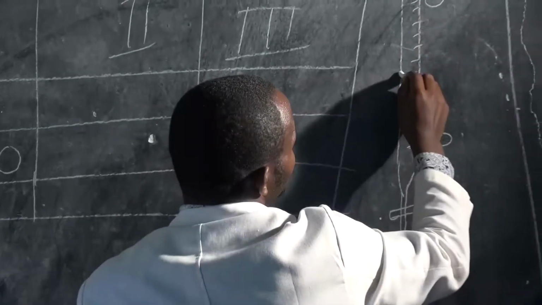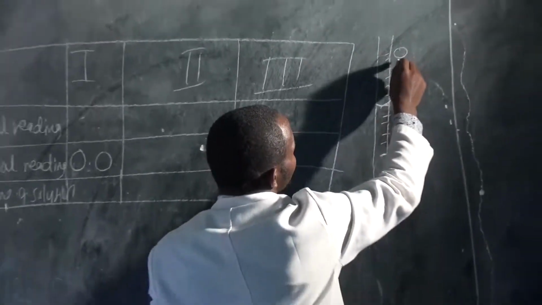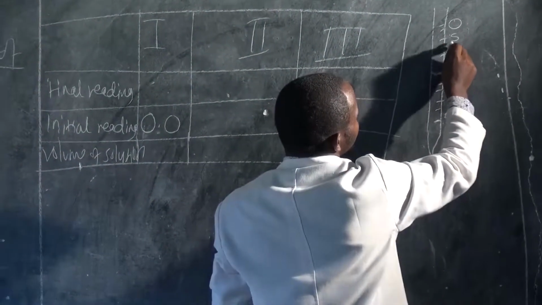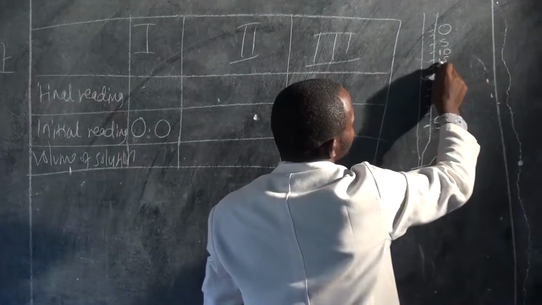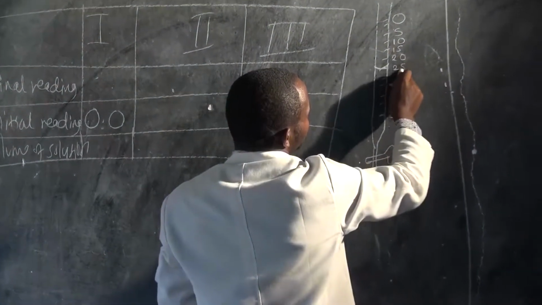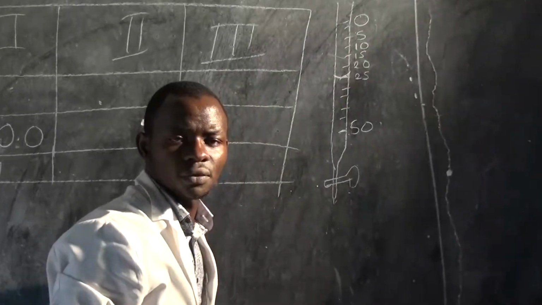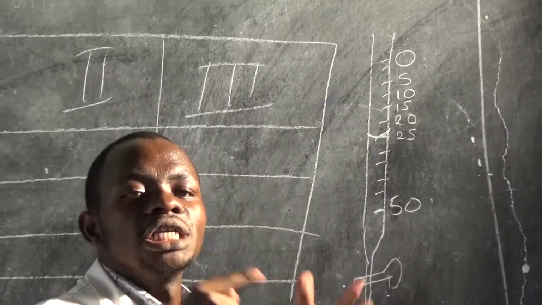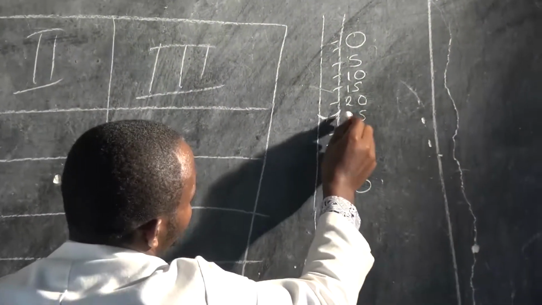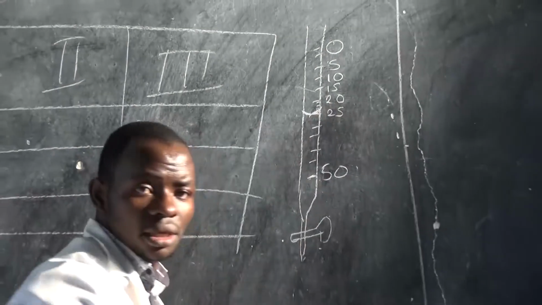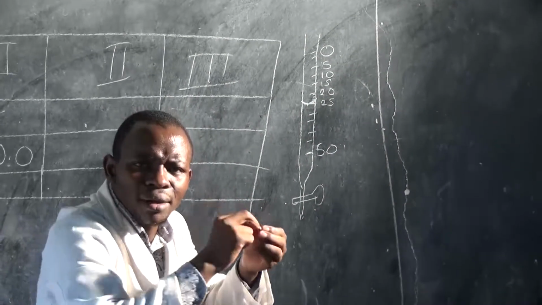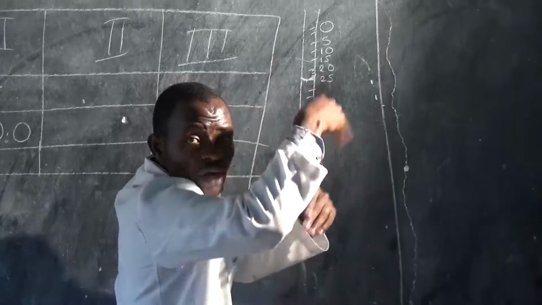If the volume is here, and here we have, this is 5, this is 10, 15, 20, 25. So if your solution is showing here, you must read inside. What is the smaller number? So we count outside.